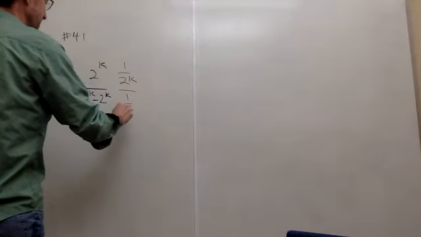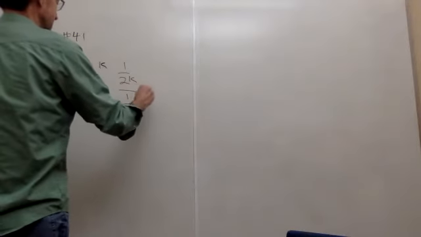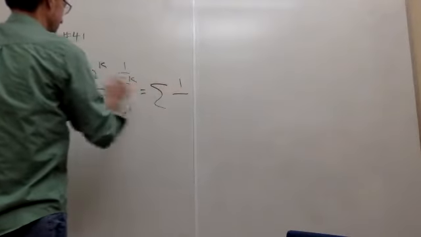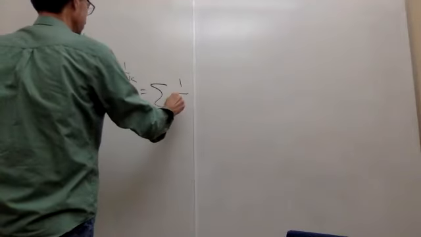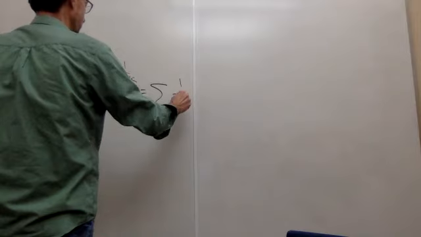And the way I manipulated it was I divided the numerator and denominator by 2 to the k. I think that's a pretty good idea. Which gets you 1 over 3 halves to the k minus 1.